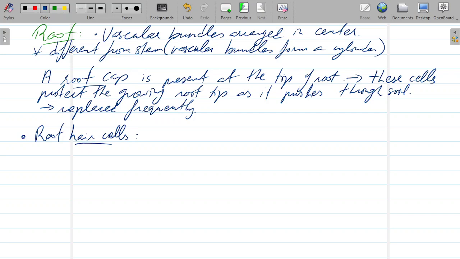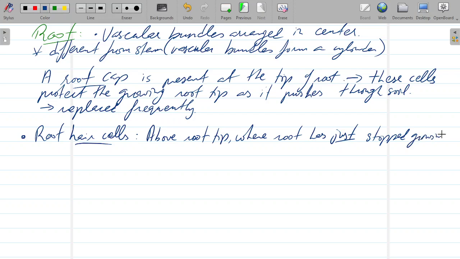Above the root tip, right where the root has just stopped growing, you have cells of the outer layer, the epidermis, that have cube-like outgrowths.